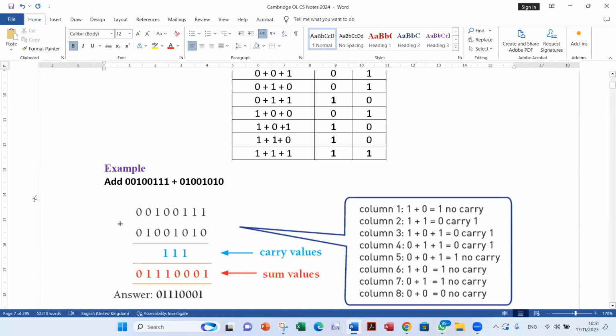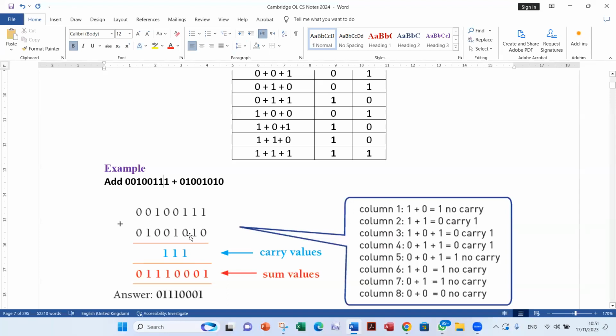Okay, let us start adding. 1 plus 0 is just 1. Remember the things we taught here. However, 1 plus 1 is 2. You cannot write 2. 2 is represented in binary as 1, 0. So 1 plus 1 is 0 and carry 1.